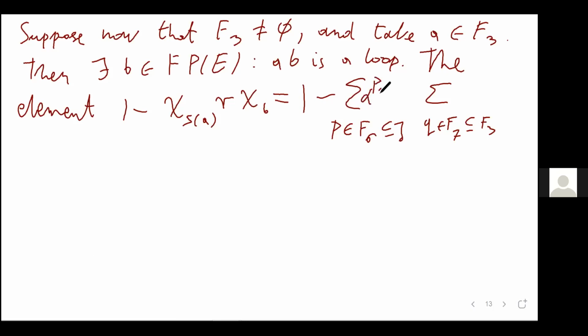Alpha P chi P minus alpha Q chi Q. And now, in fact, I'm not so happy with my notation.